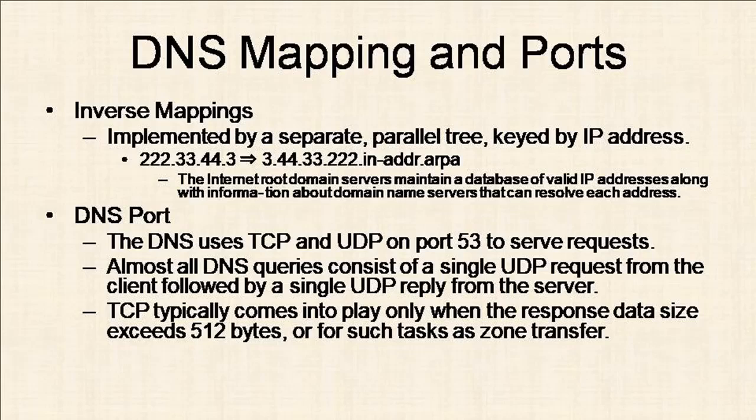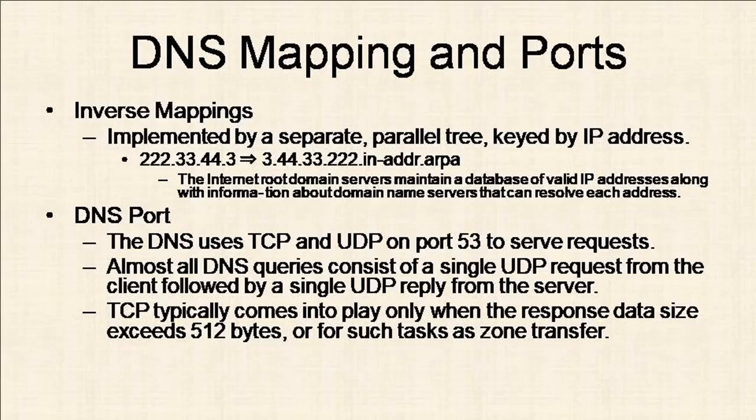But DNS will use TCP if the size of the query crosses 512 bytes. So if it is a small query, UDP will be used, because even if it is lost, it is not a problem. Again, you can try it.